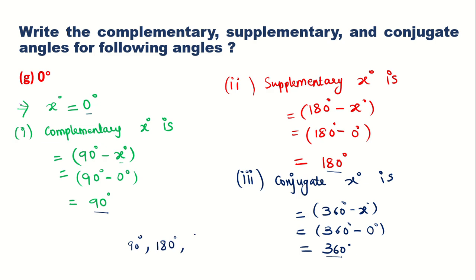Coming to conjugate angle, what is conjugate angle? When the individual angles are measured, their sum must be 360 degrees, right? So these were the types of pairs of angles we have, and a few problems I have explained.